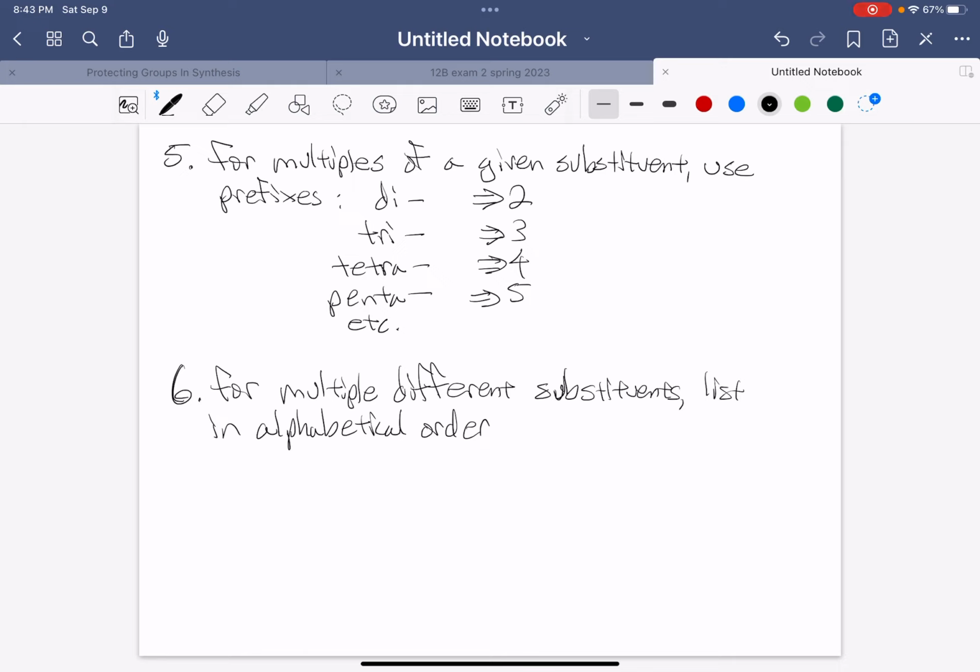And then it's listed not based on these prefixes, but rather the name of the substituent. So ethyl would be before methyl, etc.